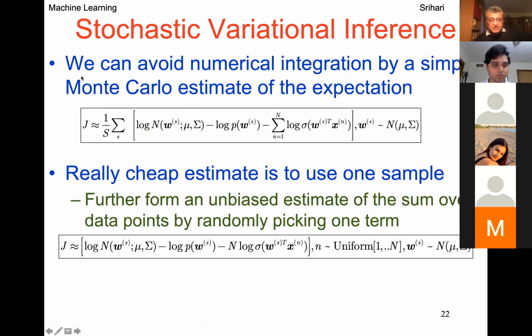So there is a variation of this called stochastic variational inference. We can avoid a numerical integration by a simple Monte Carlo estimate of the expectation. So this is a Monte Carlo summation. We get a number of samples and divide by the total number. And a really cheap estimate is to use one sample to come up with an estimate of J.